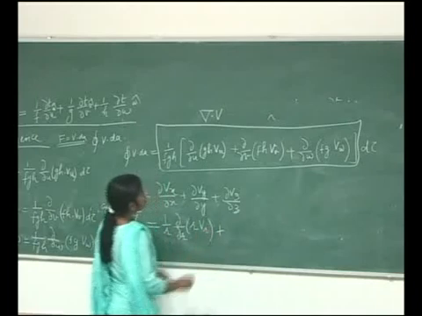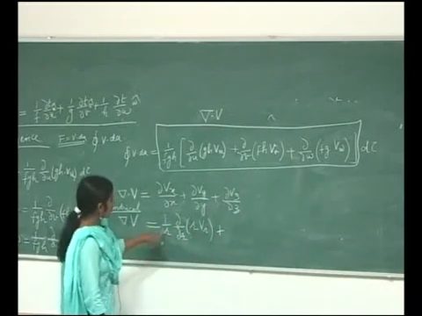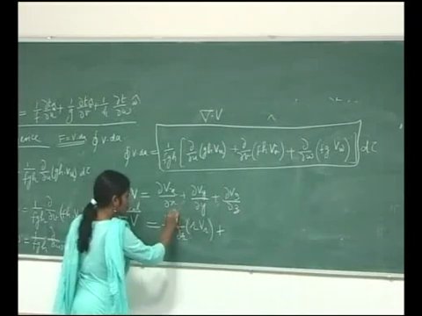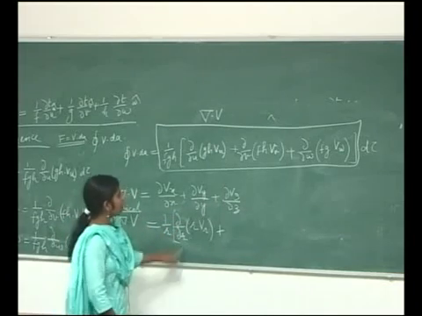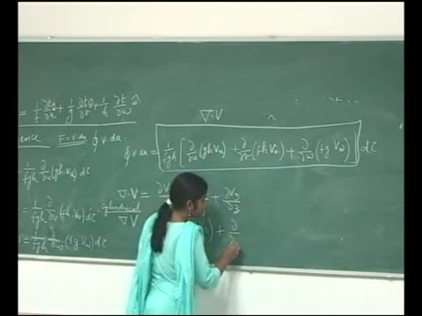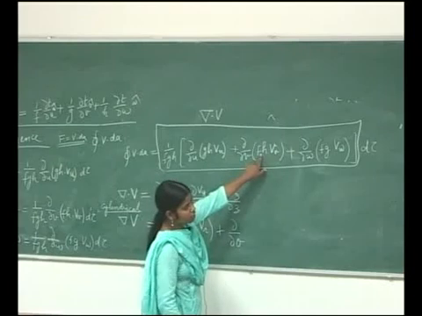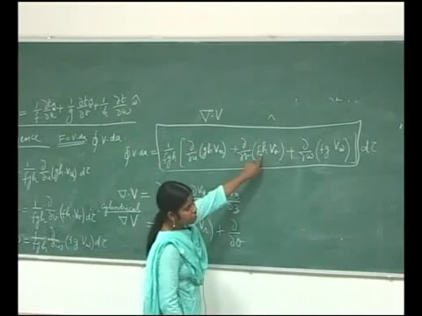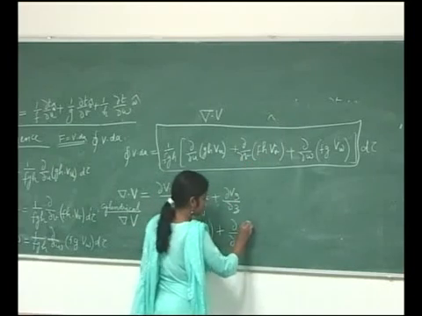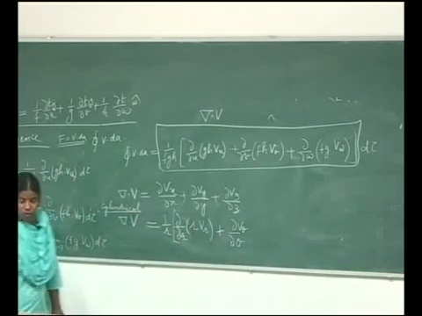Plus, I come to the second term, and 1 by r can go common. The second term is del by del theta of FH V theta, which is just del V theta by del theta.